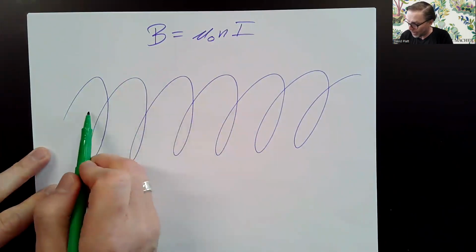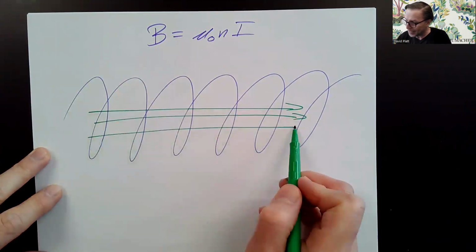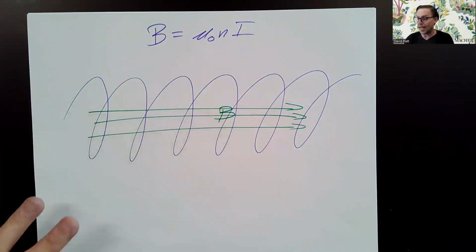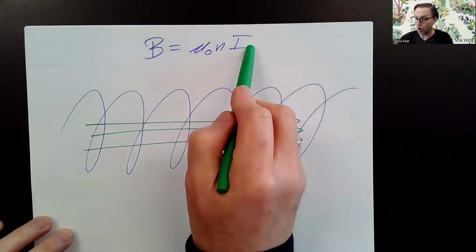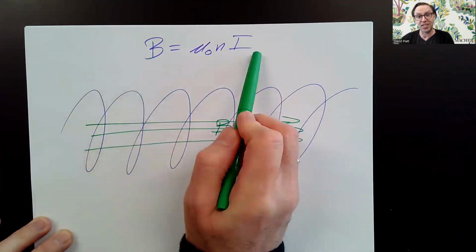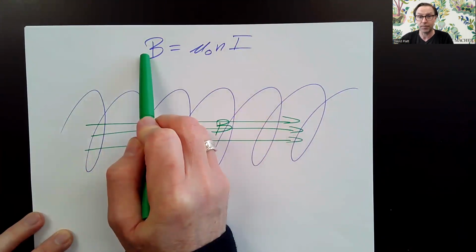So I'm going to try to draw the arrows. This is the magnetic field inside the solenoid. And if I have more current flowing through the wires, I have a stronger field. If I have less current, I have a less strong field.